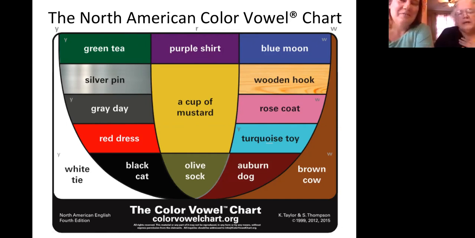Because for me, Auburn and Dog have the same vowel. Karen, they also have the same vowel, but it's a different vowel. It's olive. But we discovered that for many dialects of British English, Auburn and Dog are not the same. So we had to find a different phrase, and we're not giving it away yet, but you're going to see.